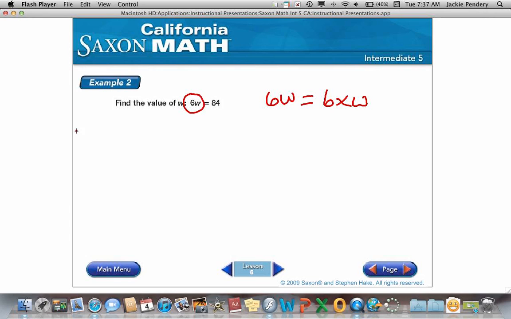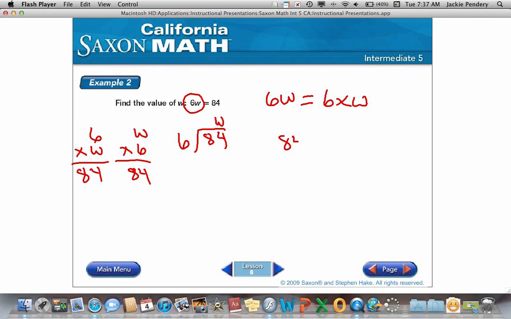So if we rewrite this: 6 times W equals 84, W times 6 equals 84, 84 divided by 6 equals W, and 84 divided by W equals 6.